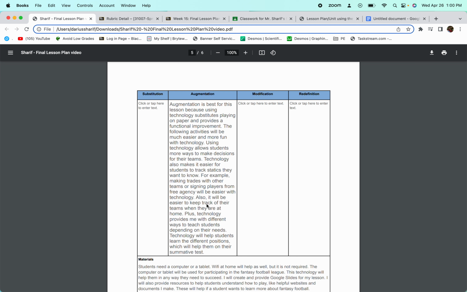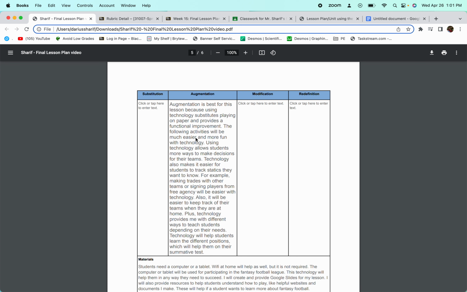And also I include stuff that makes technology better than having non-technology, which should also be step 1, determine relative advantage. So basically, I say augmentation is best for this lesson because using technology substitutes playing on paper and provides a functional improvement.